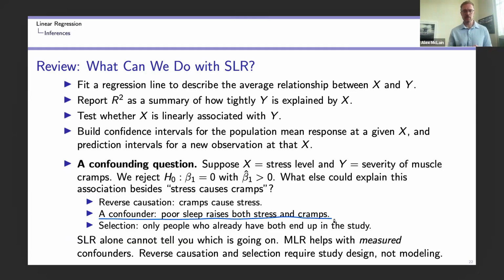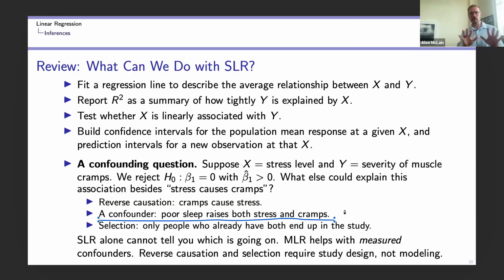For example, maybe poor sleep is related to both stress and cramps. But when we have multiple linear regression, if we have sleep in the model, our interpretation for the stress coefficient is the association between stress and cramps holding sleep constant.